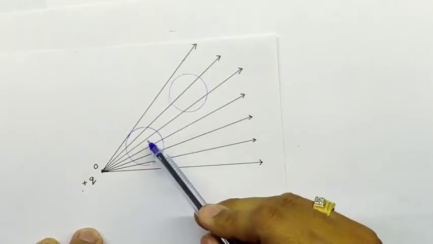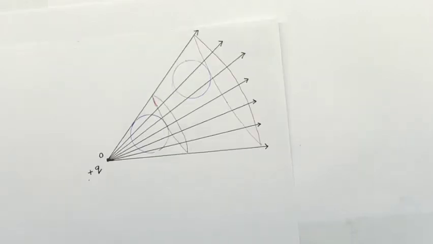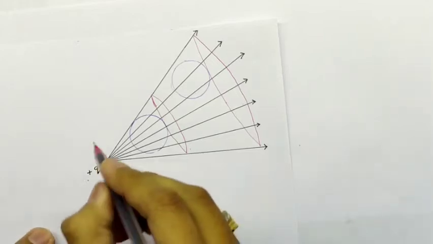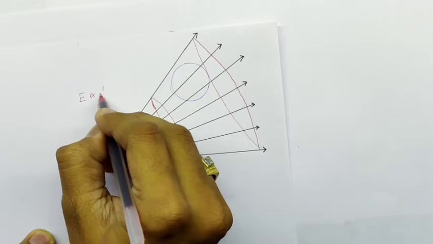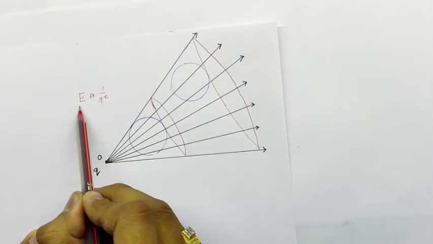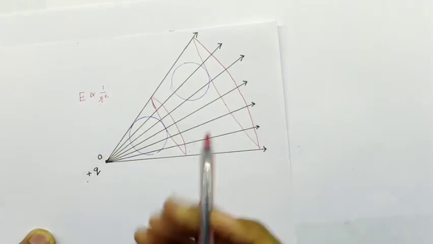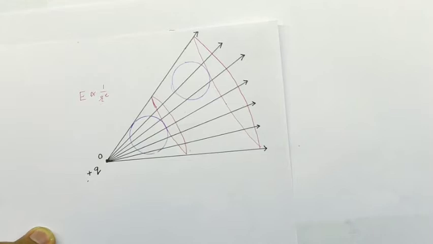So if the area is fixed and near the charge, field lines are dense, and far away from the charge, field lines are weak. As we know, electric field E is proportional to 1 upon r square. As r increases, E decreases. But as r increases, the area also increases.